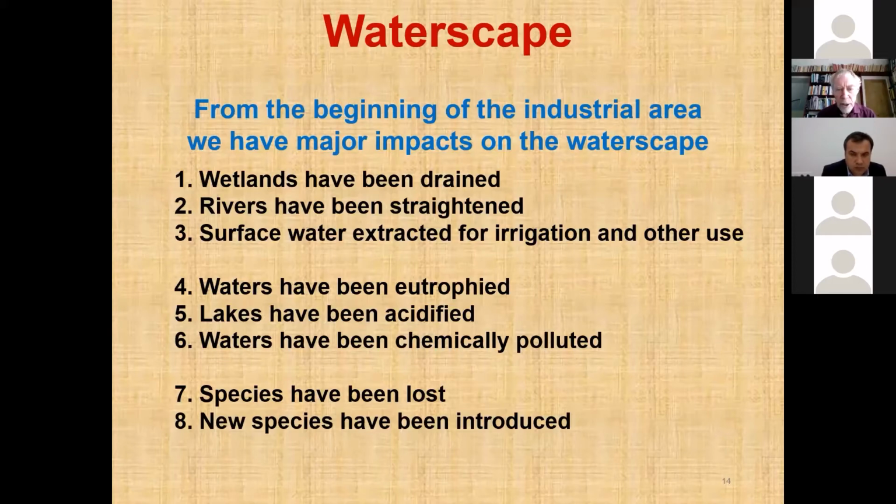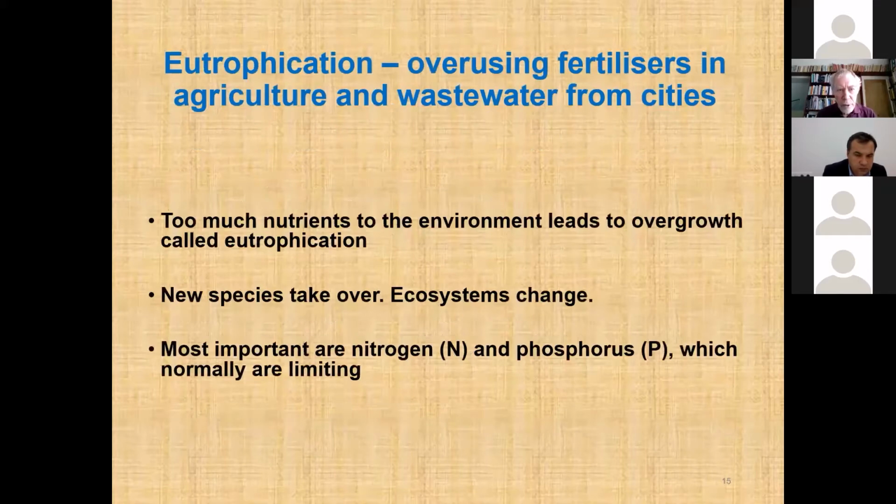You have chemical pollution in your rivers. So eutrophication means too many nutrients in the environment leads to overgrowth in the water. Eutrophication means that new species take over, ecosystems are changing. It's serious in the Nordic countries. I'm not quite sure about Central Asia.